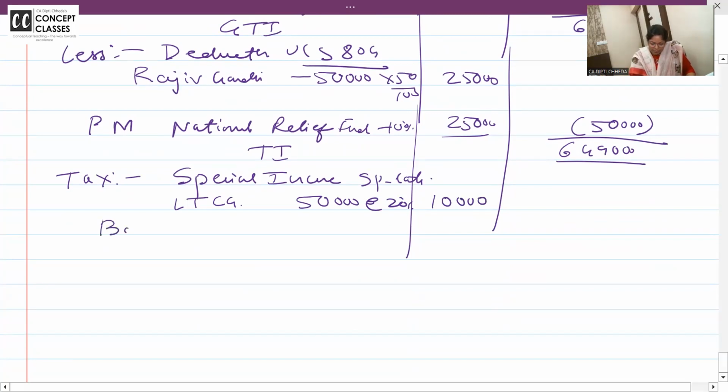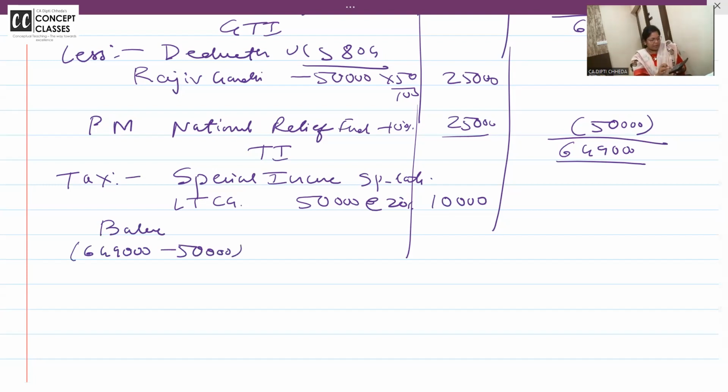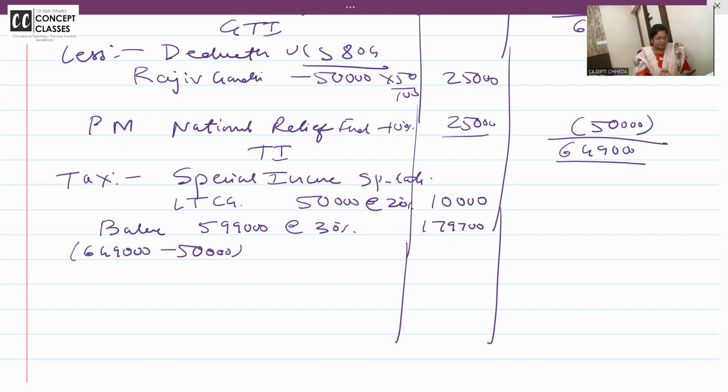And the balance income, 6,49,000 minus 50,000. On 50,000 we took 20%. Now on the 5,99,000 income, how much tax will come? 30% of that is 179,700.